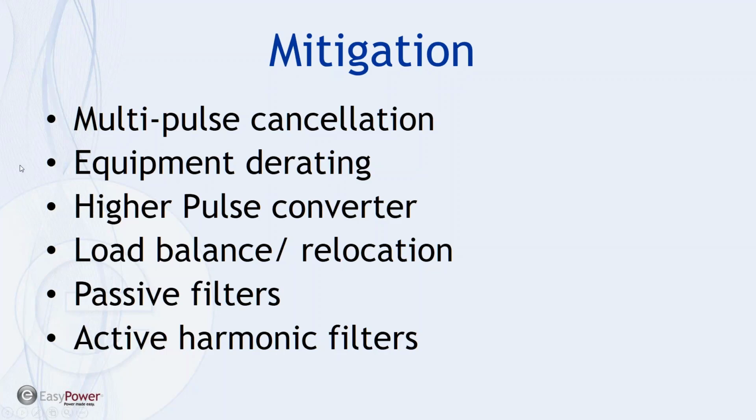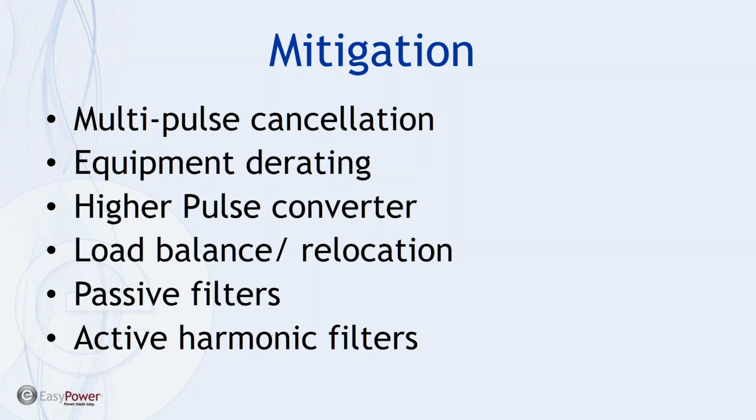Likewise, you can derate the equipment so that you're not being affected as much by it. It doesn't change the harmonic contribution, but it does minimize the negative effects on a piece of equipment if you can detune it or underutilize it. You can convert pulses to a higher pulse count so you get higher frequency production, but it's higher harmonics that don't affect your system as much.